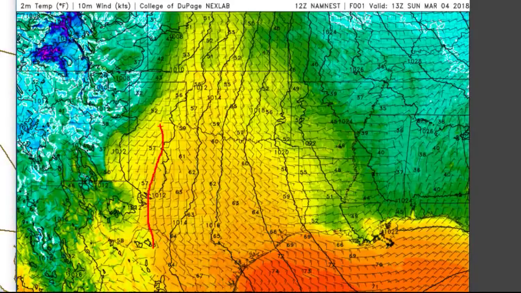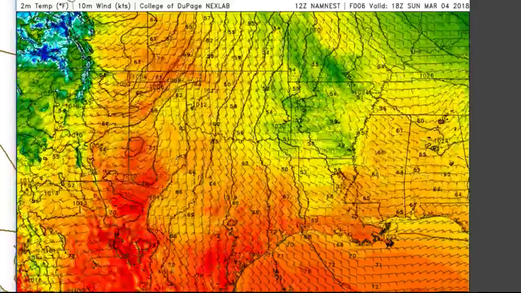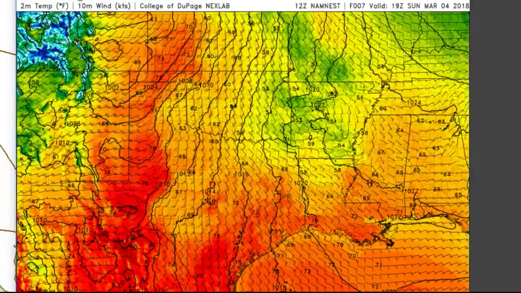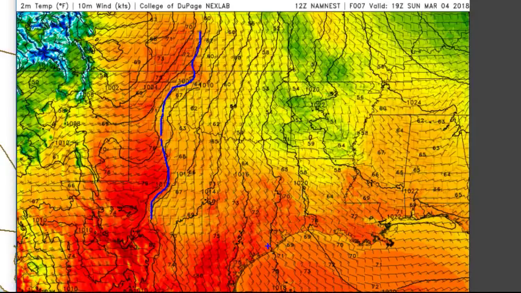And then out in this area, we've got both warm air advection and moisture advection. Once we warm up, things get a little bit easier to find, and we see some interesting temperature contrast. Looks like the dry line shows up. It's got kind of a wavy appearance, and there's a bit of a gradient associated with the warm front.